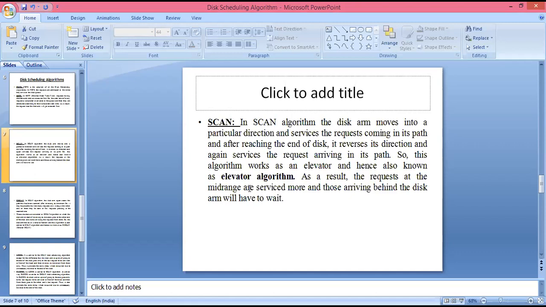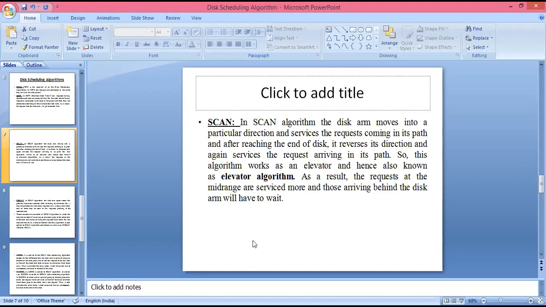If it moves inward, suppose there is a circle, it moves from the arc to the center point, and then from the center point it moves back to the arc. That means arc to center point and center point to arc. This type of algorithm is known as the SCAN algorithm, which is also known as the elevator algorithm.